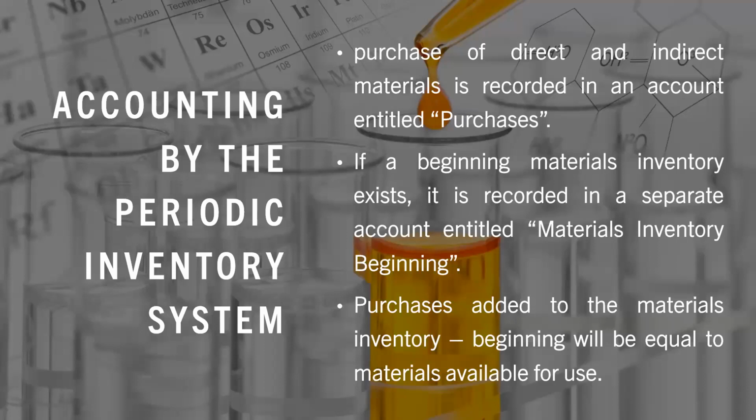If the beginning materials inventory exists, it will be recorded in a separate account entitled materials inventory beginning. When you add your purchases to the beginning inventory, that would be equal to the materials available for use.